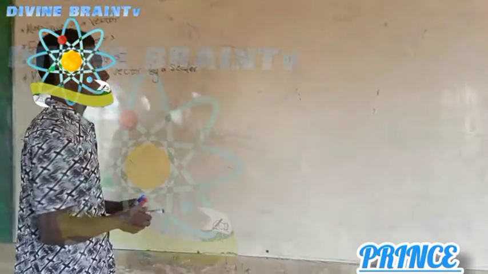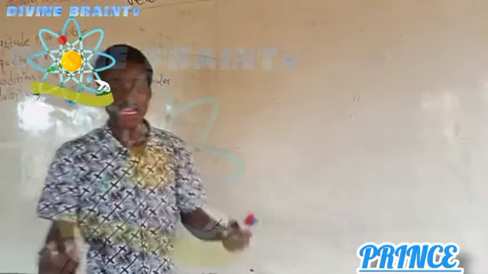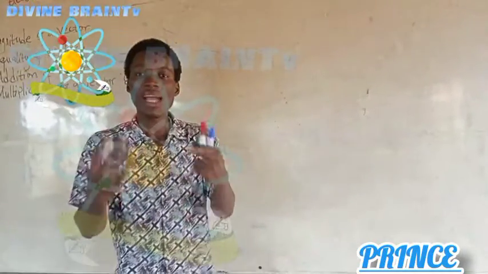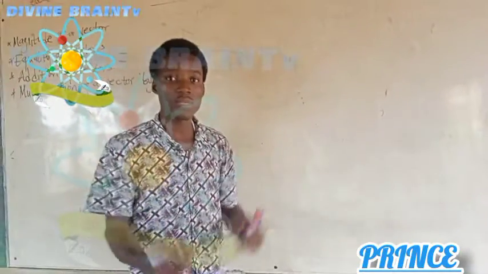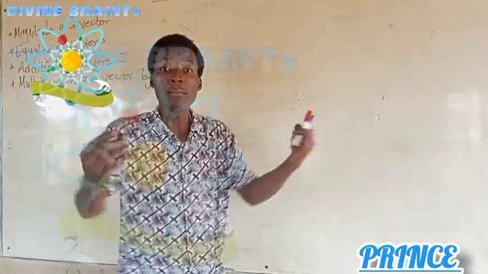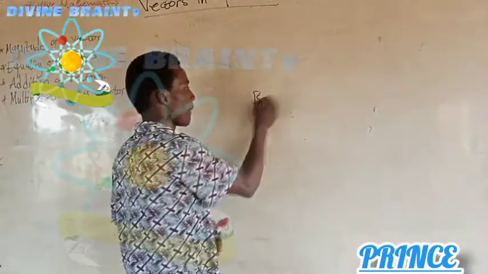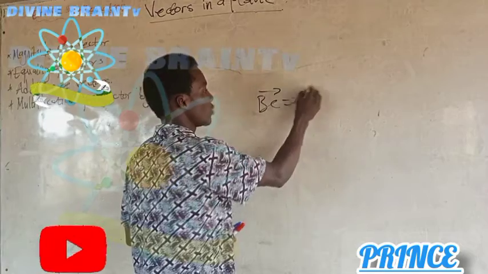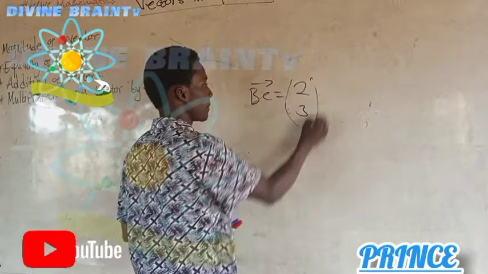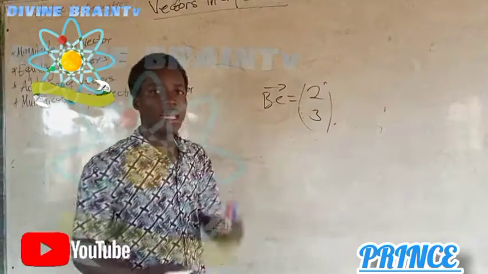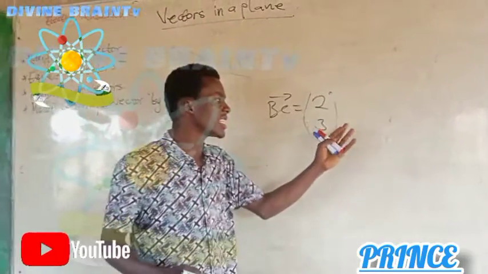So when we are asked to find the magnitude of a vector, it's very simple. Assuming we have our vector BC equal to (2, 3), and we are asked to find the magnitude of this.